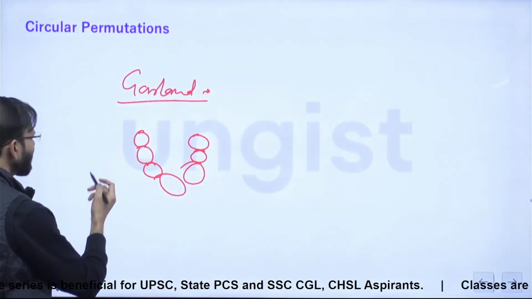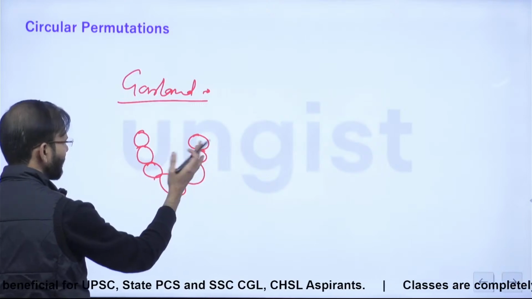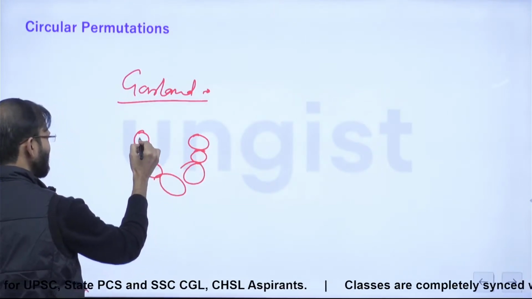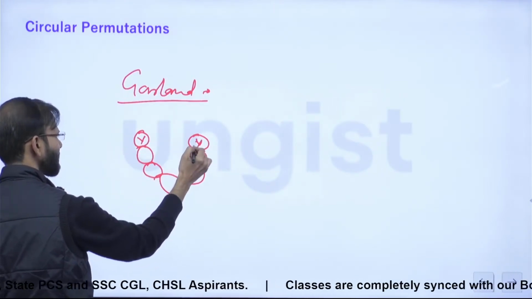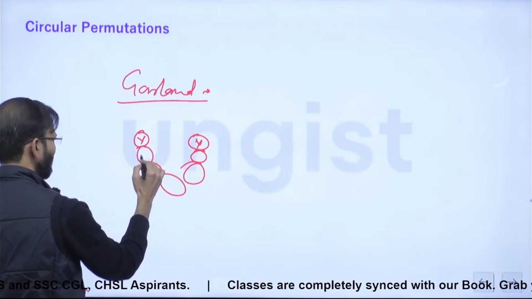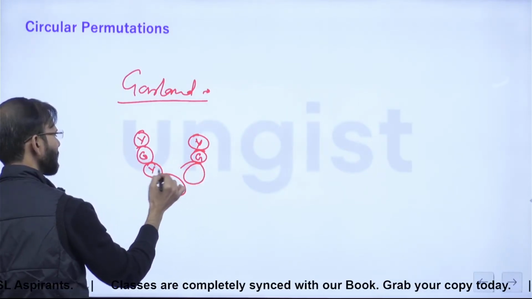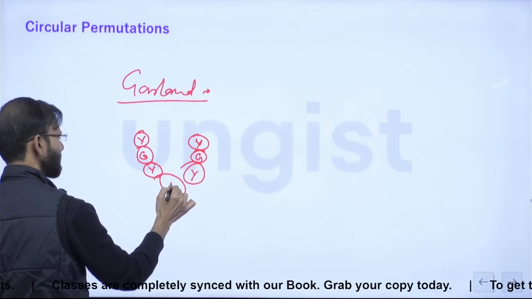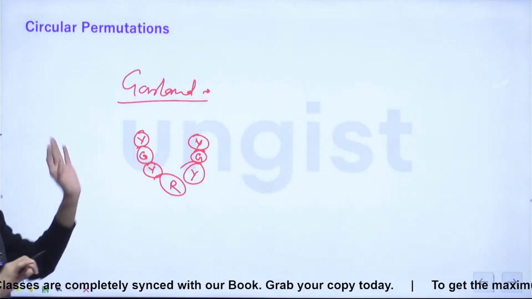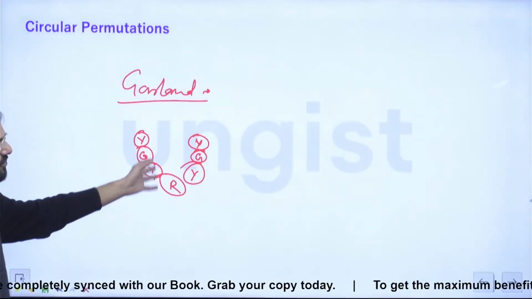For example, in a garland or a necklace, let's say this is a yellow bead, so this should also be yellow. This is green, so this should also be green. And let's say this is red. So this is a necklace. Garland also takes the same shape.